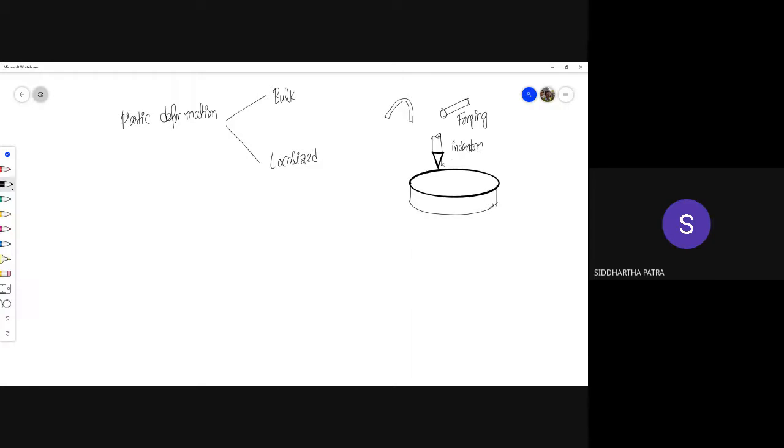It can be shaped like a nail or maybe a round edge, whatever that may be. And you make an indent with that indenter. So basically you apply a substantial amount of force in order to cause plastic deformation locally. So the major part of the component remains unaffected.